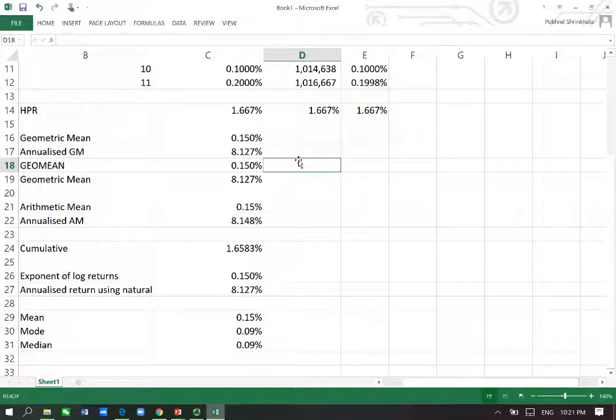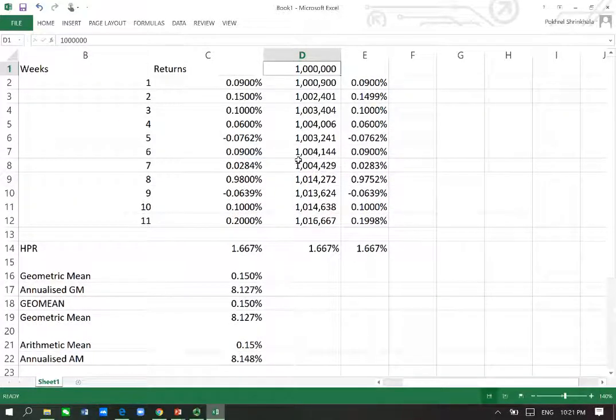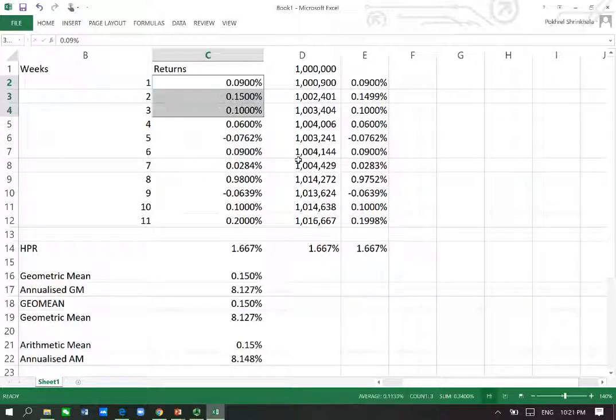All right, thank you very much for watching, and I'll be continuing my discussion related to how we can evaluate performance of a portfolio or investment such as this, and in the next video I'm going to talk about the risk aspect.